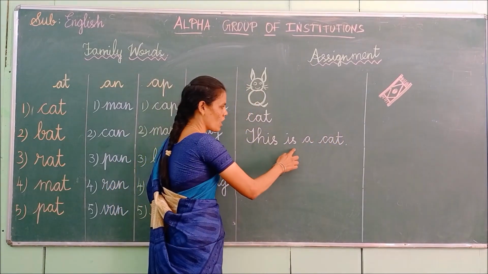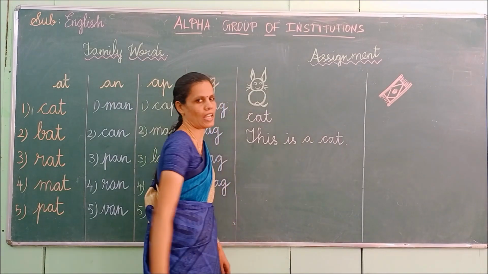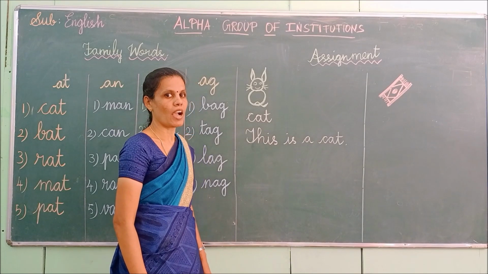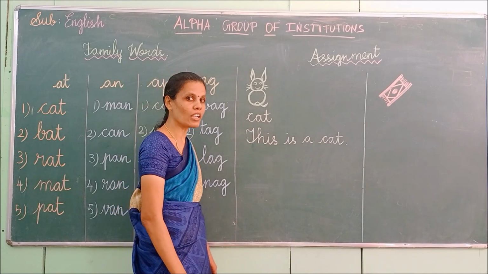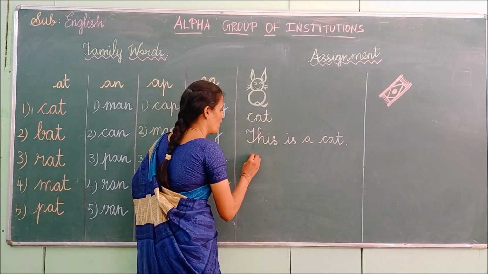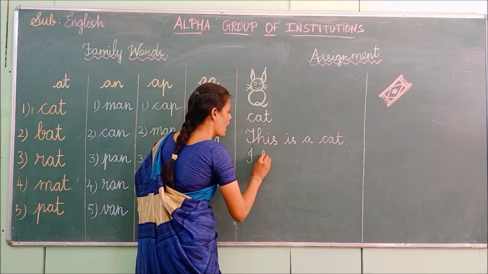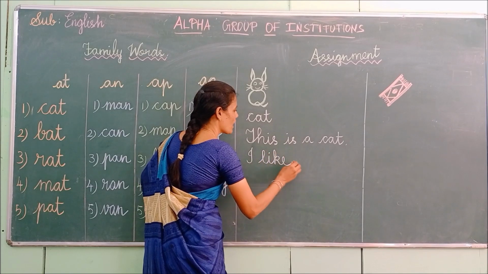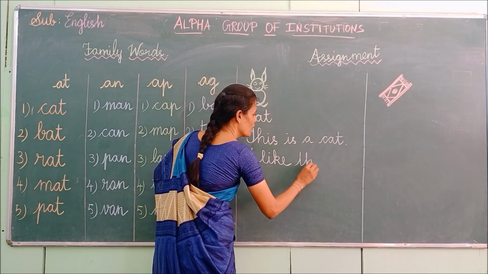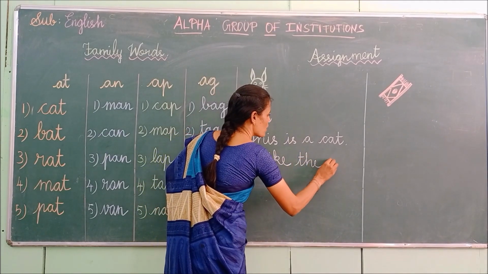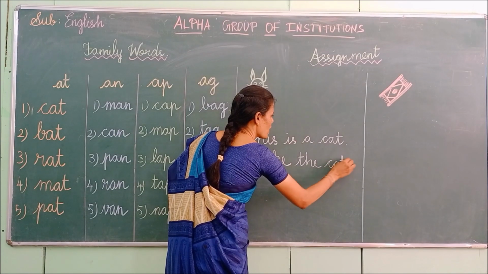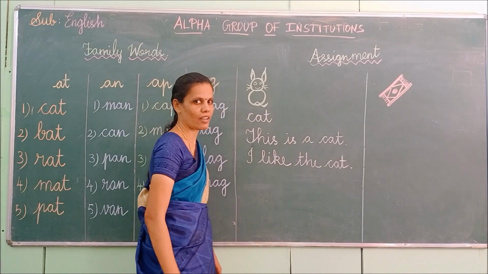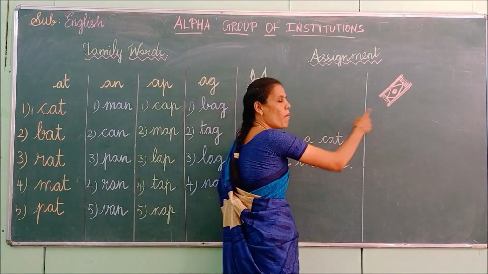This is a cat. Next, you can frame another line. I like the cat. L-I-K-E. I like the cat. C-A-T. This is the cat. I like the cat.